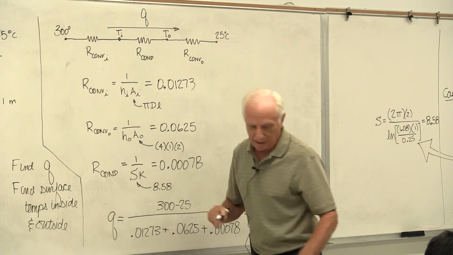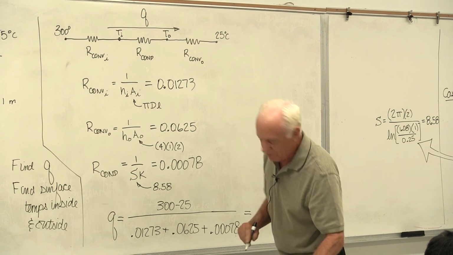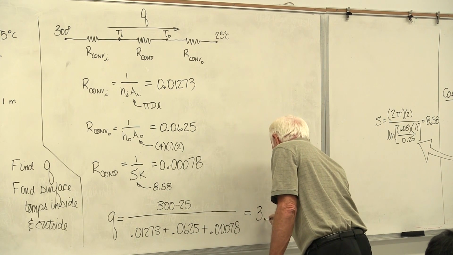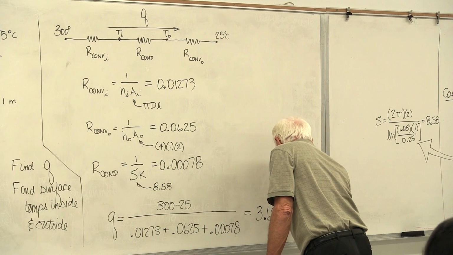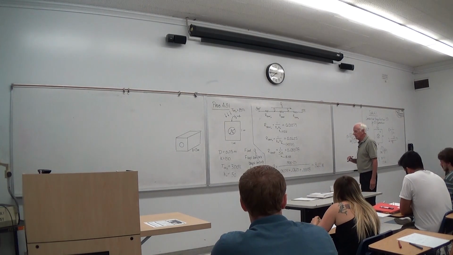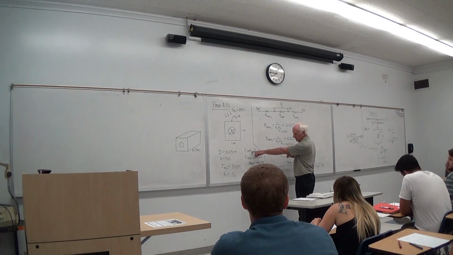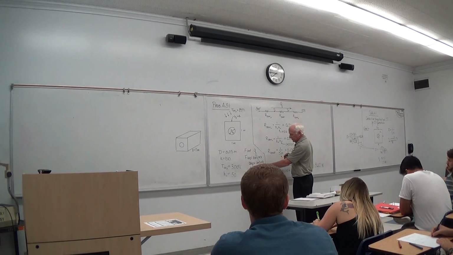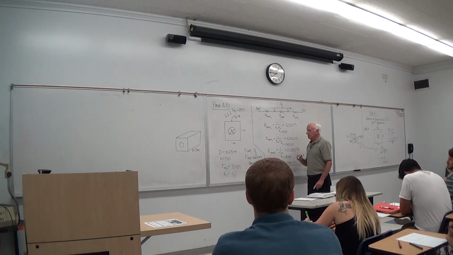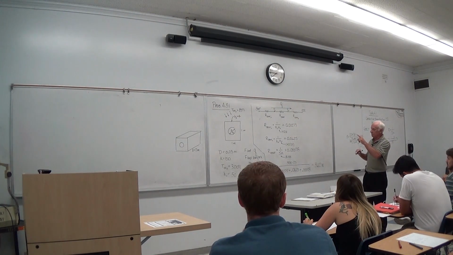So the heat flow from the hot oil to the outside, 3.62 watts. Okay, got it. Find the surface temperatures inside and outside. Okay, look at the picture. I want to find TI and TO.